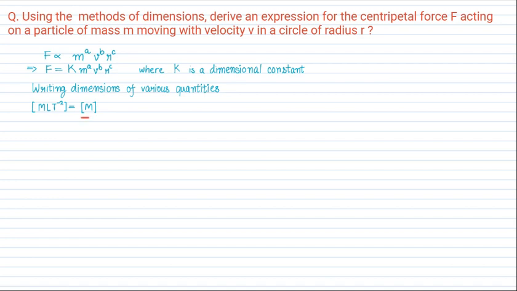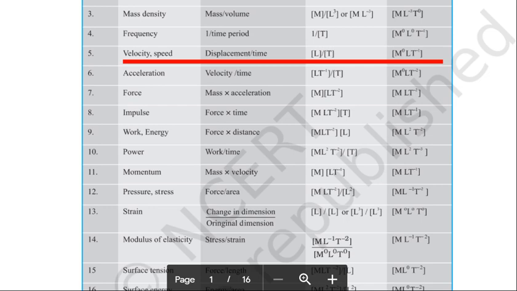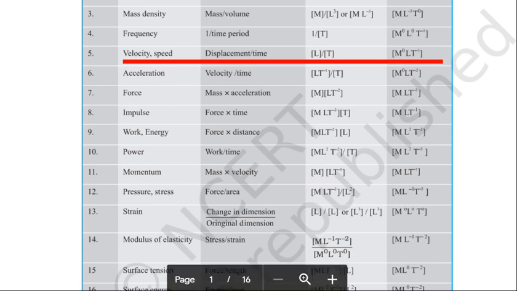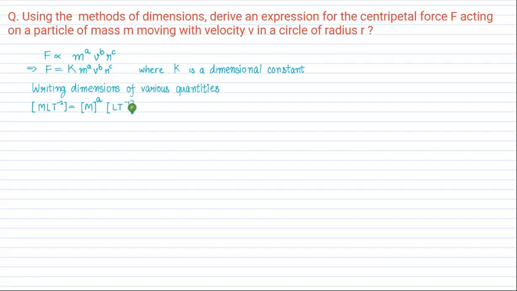Mass dimension is capital M, and since there is power a, it is M to the power a. Then velocity, whose dimension is LT to the power minus 1, and since there is power b, you have to write the power b also. Next you have radius. Radius is a length, so the dimension will be capital L, and it has a power c.